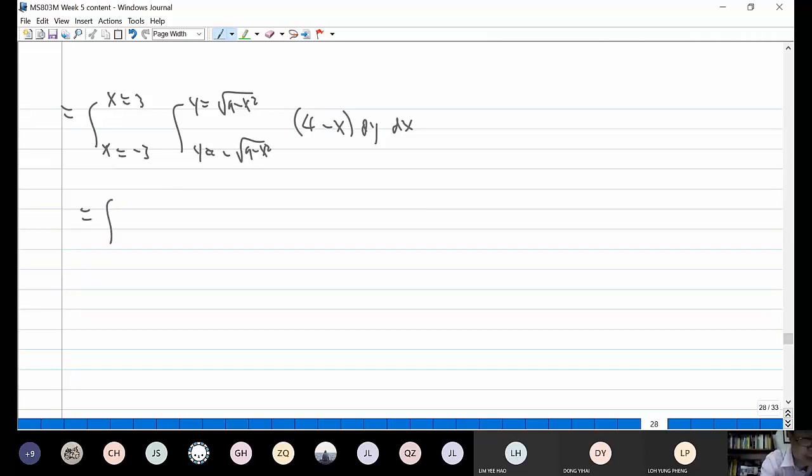So what do you get now? x from minus 3 to 3. So this is 4 minus x, constant, times y, from y equal to minus square root of 9 minus x squared to y equal to square root of 9 minus x squared, dx now.